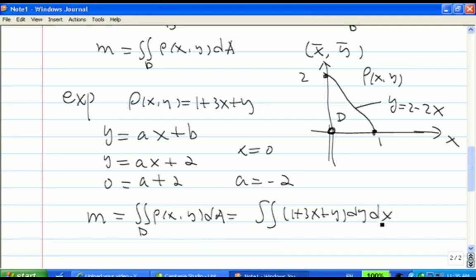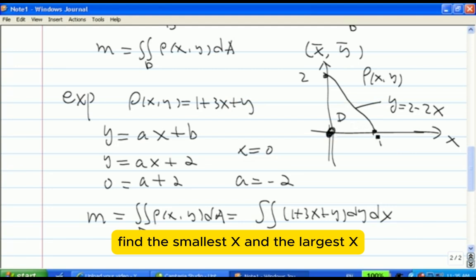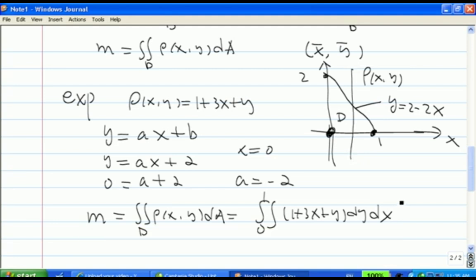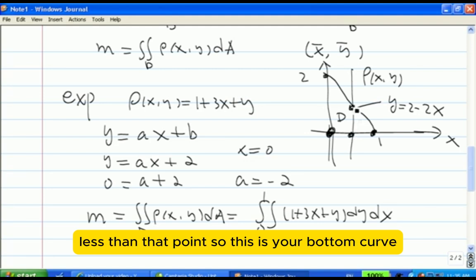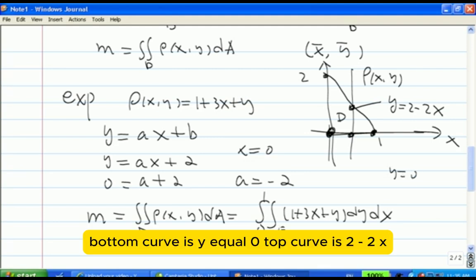If you pick dx outside, first project this region on the x-axis and find the smallest x and the largest x, which is 0 to 1. Then fix x in between and see what y is. Your bottom curve is y equals 0, and the top curve is 2 minus 2x.